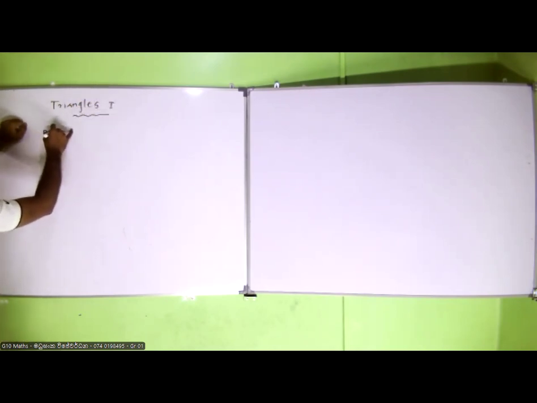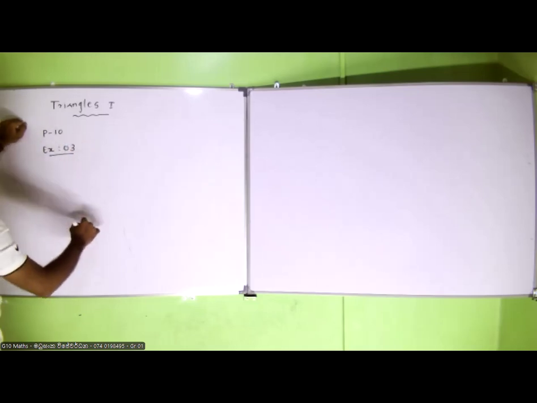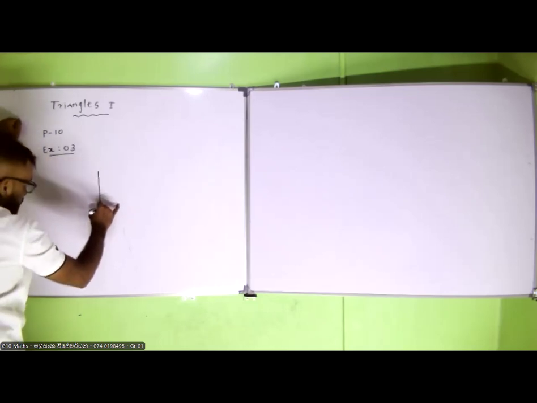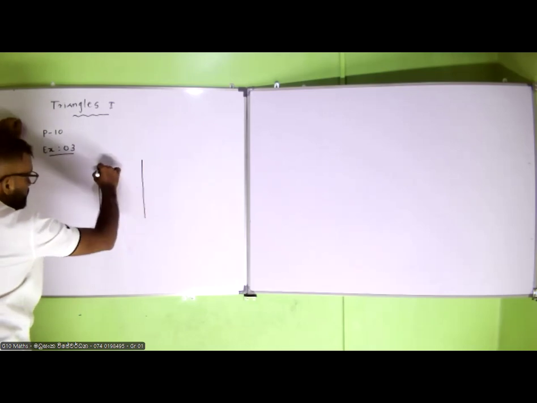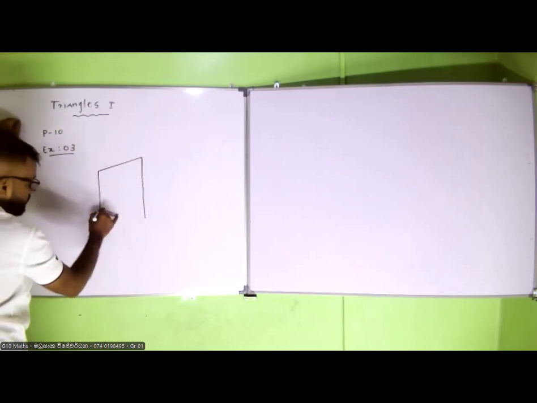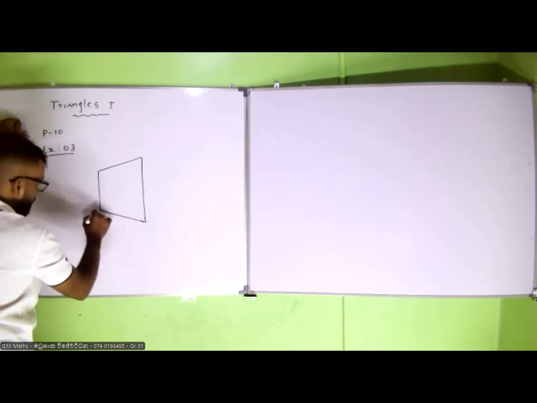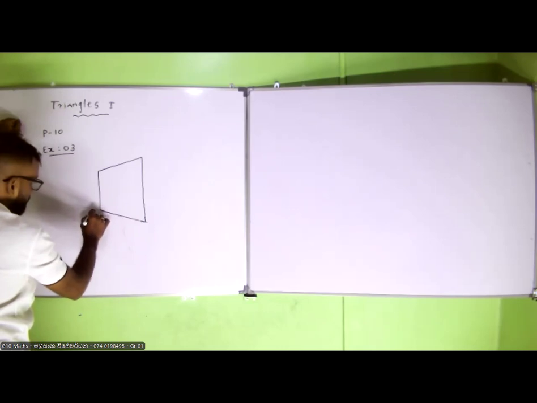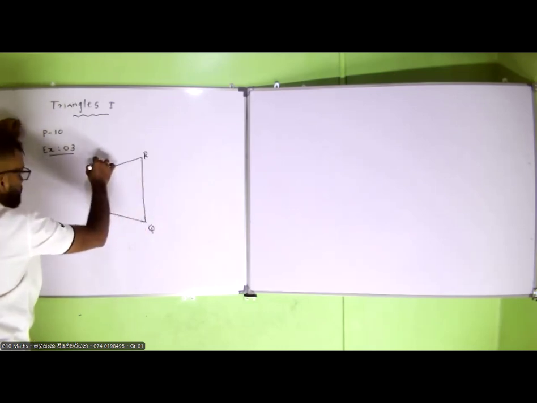Page number 10. Example number 3. So it says there is a quadrilateral and you need to draw a fair quadrilateral where PQRS, right?